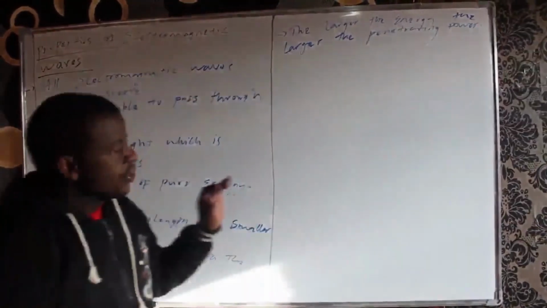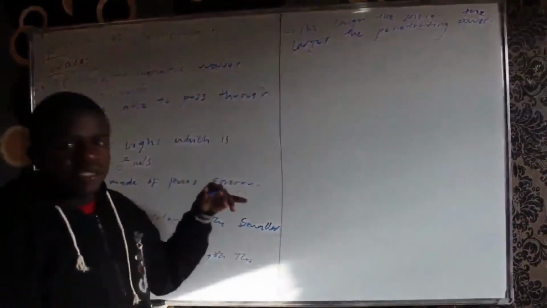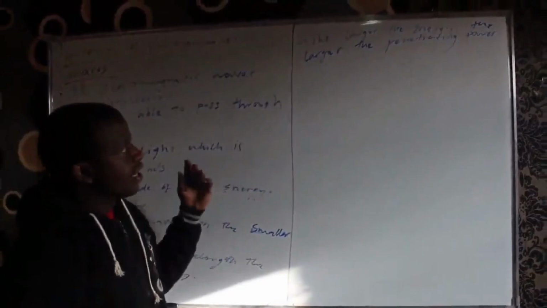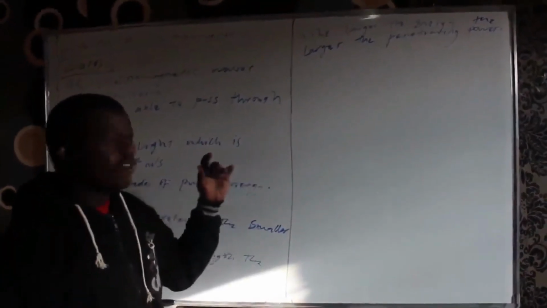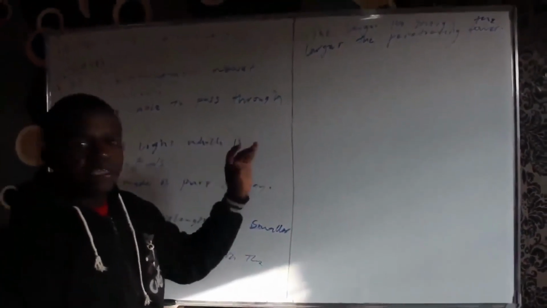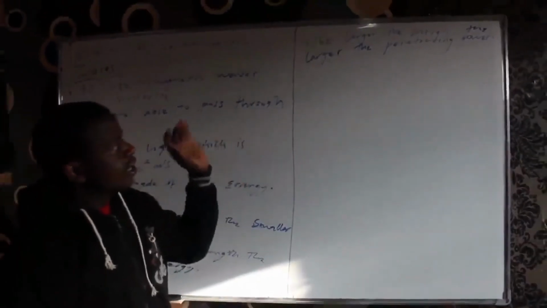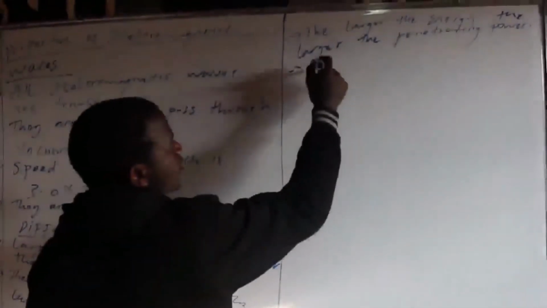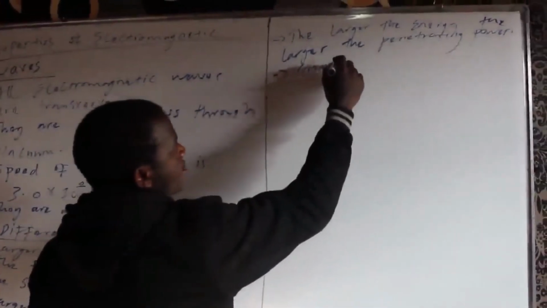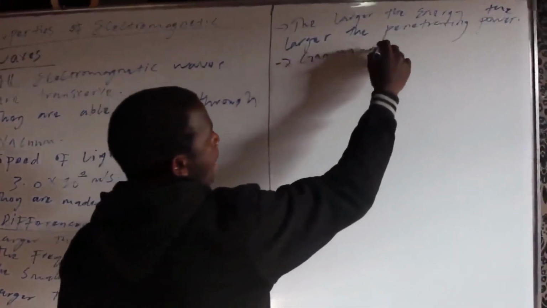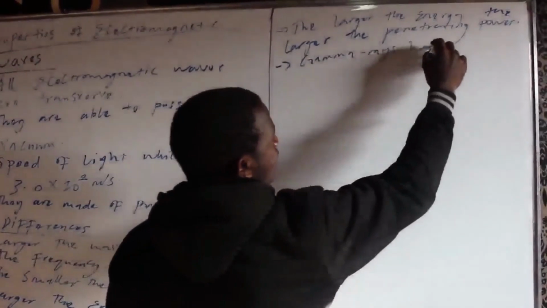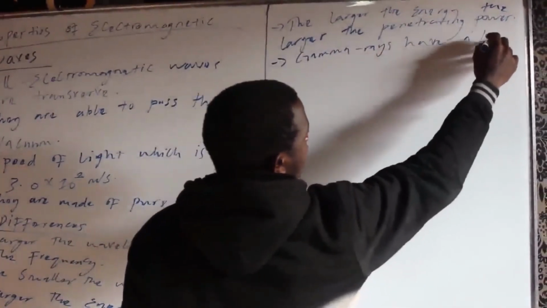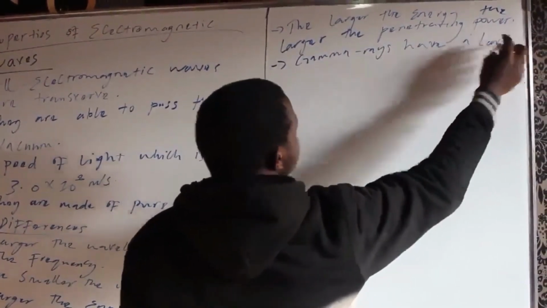And as you can see from the sequence, the gamma rays have a small wavelength, so that means the gamma rays have a high penetrating power.